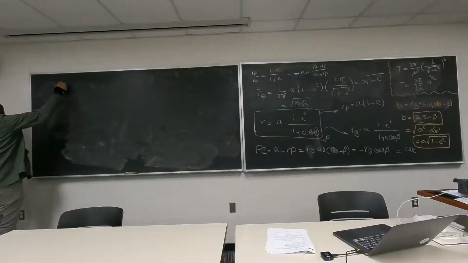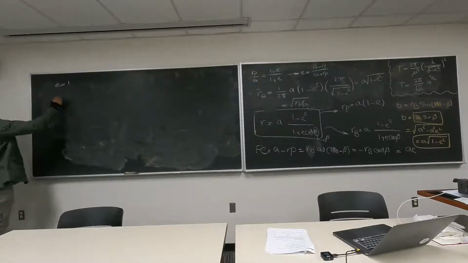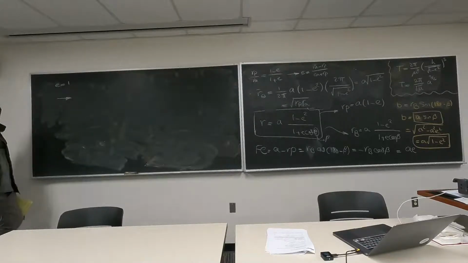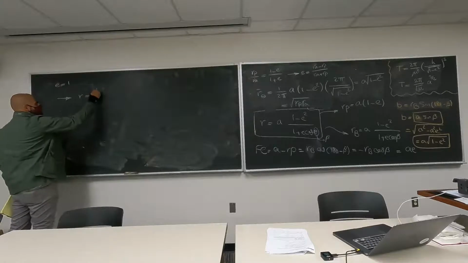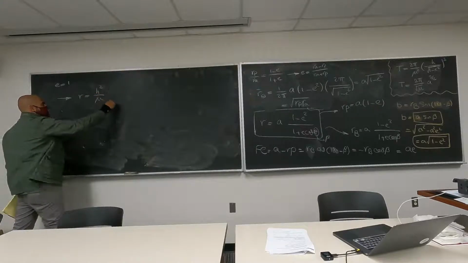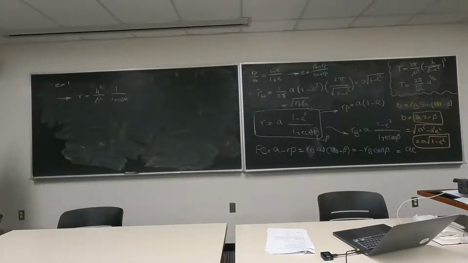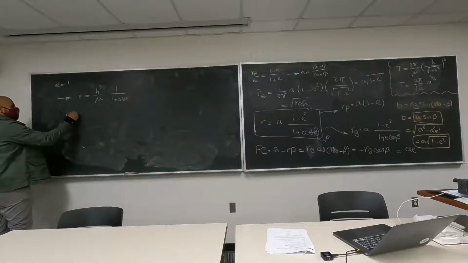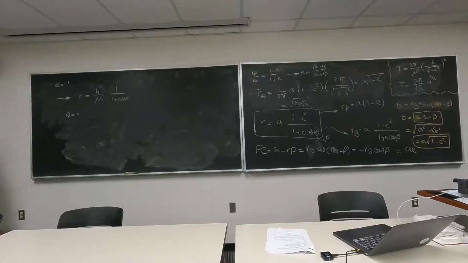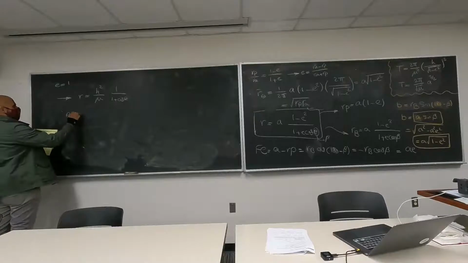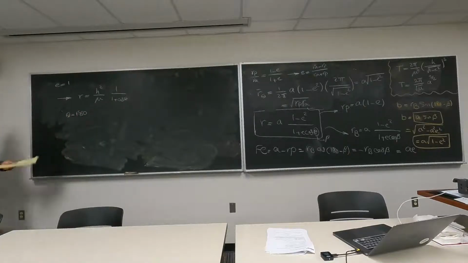What will happen to your orbit equation when your eccentricity is 1? r is going to be equal to h squared divided by mu, times 1 divided by 1 plus cosine of theta. When theta equals 0, yeah. What will happen when theta equals 180? Cosine of 180 is negative 1, so it is 1 over 1 minus 1, 1 over 0.